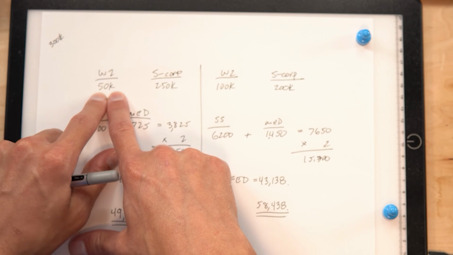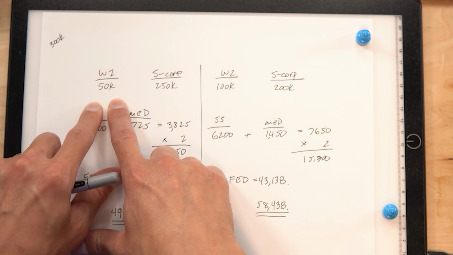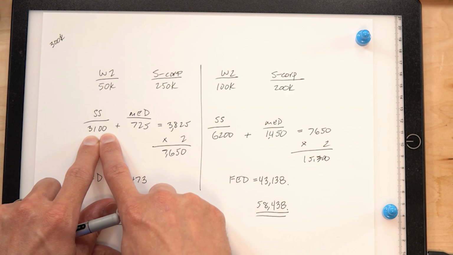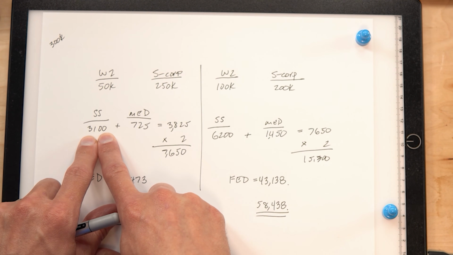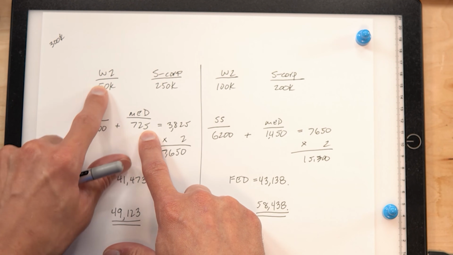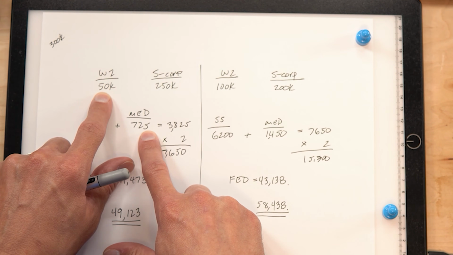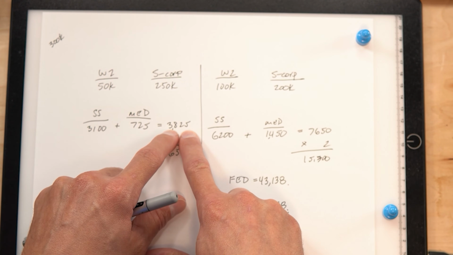Somebody paying themselves $50,000 will have FICA taxes. You're going to pay in Social Security taxes $3,100 as the employee, and it's also matched by the employer. Then your Medicare is $725, all based on this $50,000, which works out to $3,825.